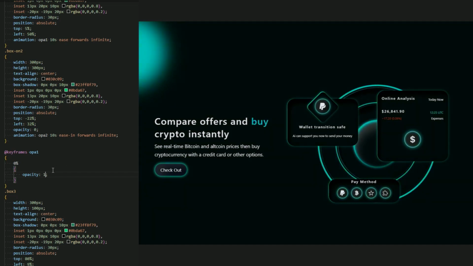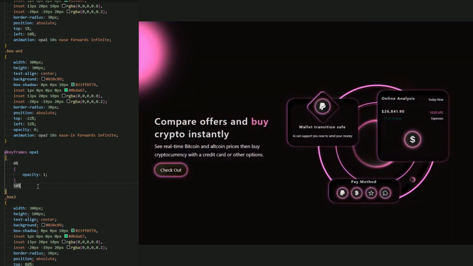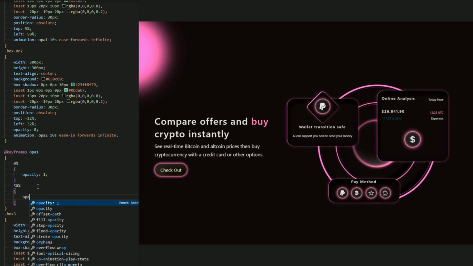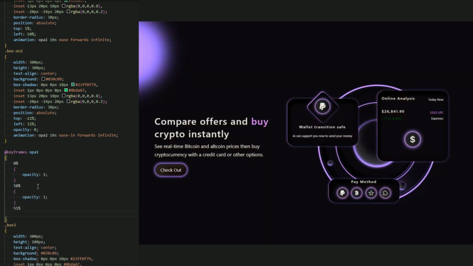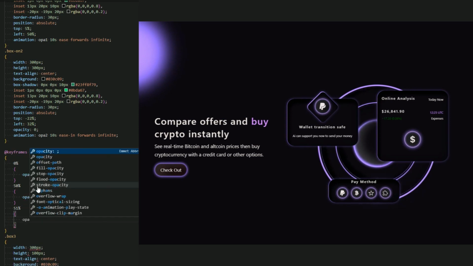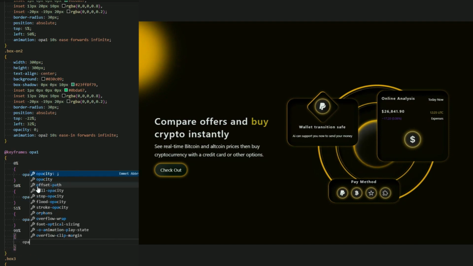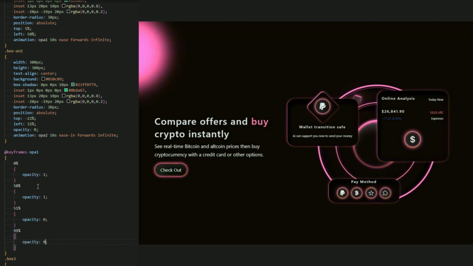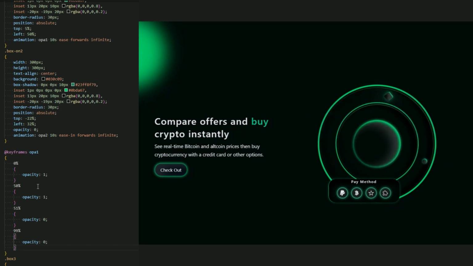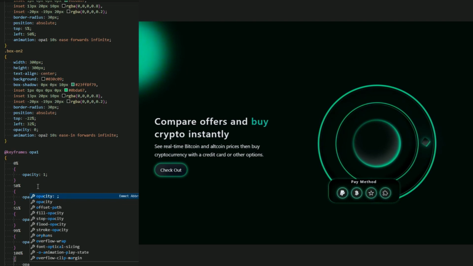And now for 50%, let opacity again be 1, and at 51%, let the opacity be 0. At 99%, opacity is still 0, and when I reach 100%, opacity is 1 to come back to the default, like 0%.